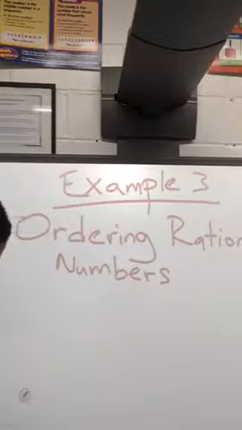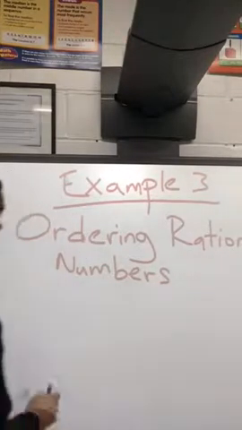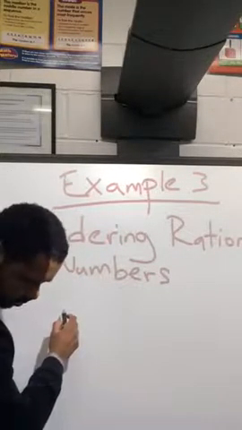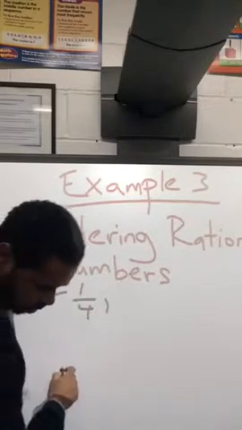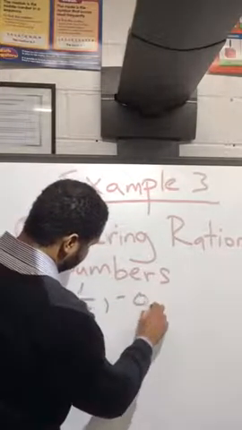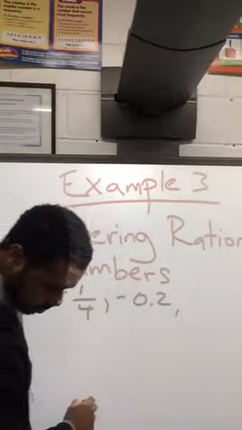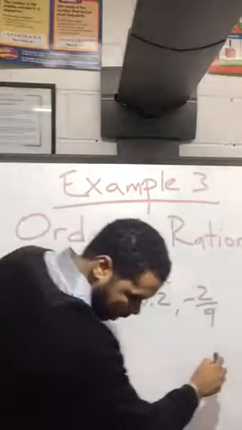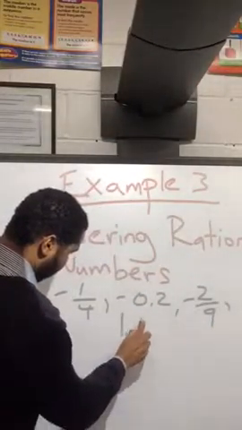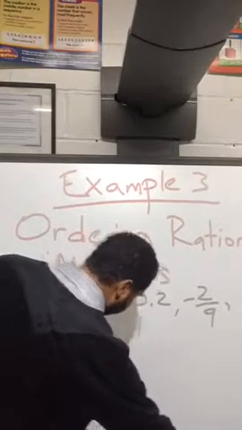Okay, so the numbers they gave us, let's write them out, are negative 1/4, negative 0.2, negative 2/9, and 1.1. So let's start with what we know.